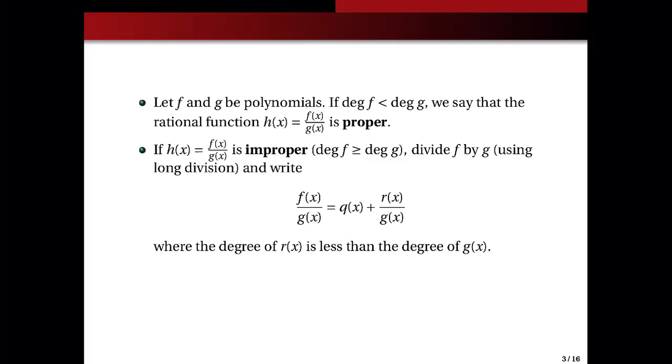This is always the case if the degree of the numerator is greater than or equal to the degree of the denominator. So when we have an improper rational function, we will always do this so that we get a polynomial plus a proper function.